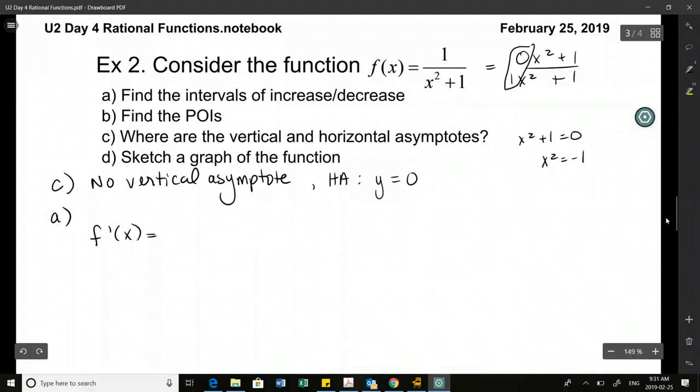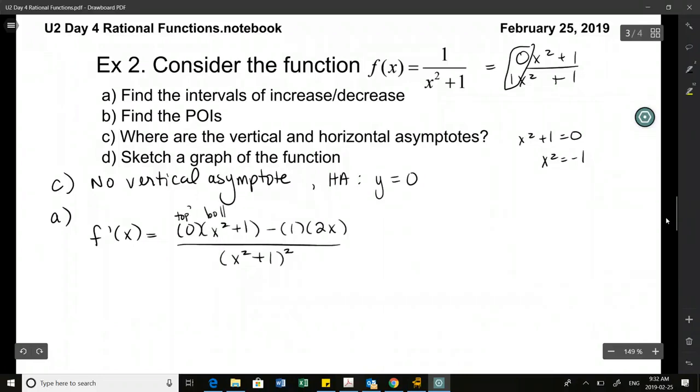Okay, so derivative of the top, which is 0, times the bottom, minus the top, times the derivative of the bottom, all over the bottom squared. Wait, which one's first? It's top prime times the bottom, minus the top times the bottom prime.